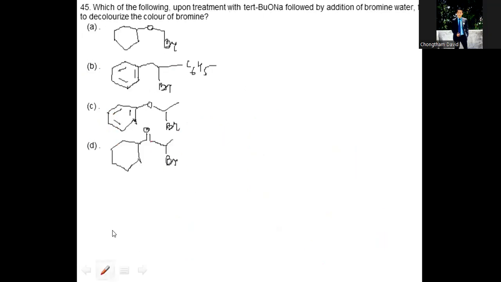Last question, number 45. Which of the following upon treatment with tertiary sodium butoxide followed by addition of bromine water decolorizes the color of bromine? Bromine is a yellowish brown liquid, right? So it decolorizes. Tertiary sodium butoxide is added to this.